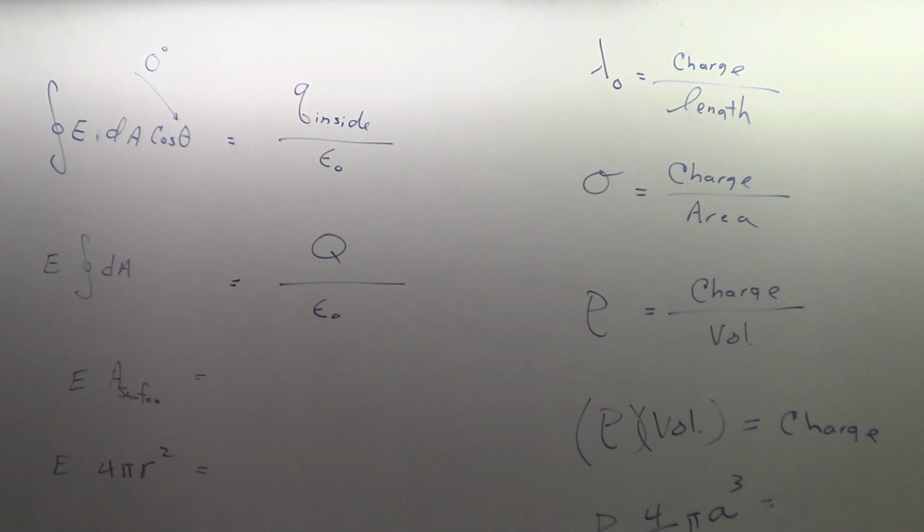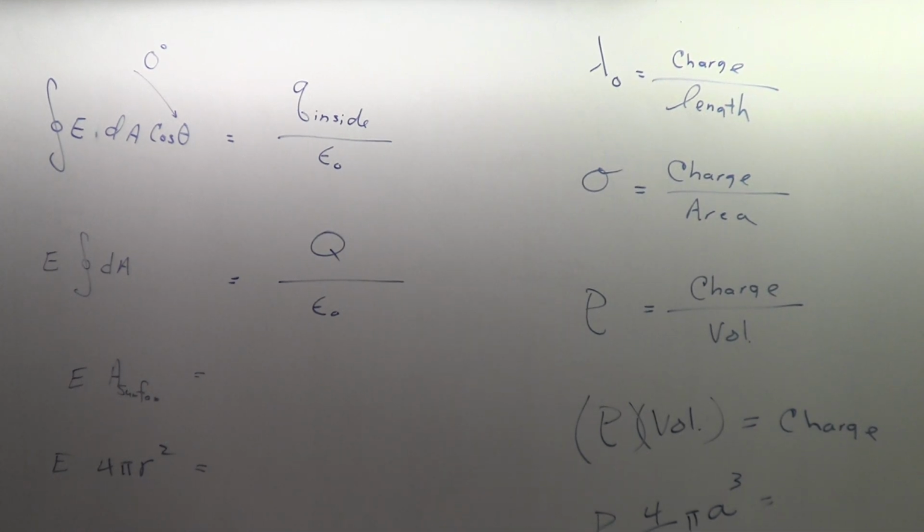Why a cubed? Exactly, I'm looking for where the charge is. The charge is only in the volume of the ball, not the volume of the Gaussian surface. The Gaussian surface is something that I mathematically am thinking about, something that I have drawn bigger than the ball. The ball itself is where the charge is. So I want the volume of the ball.